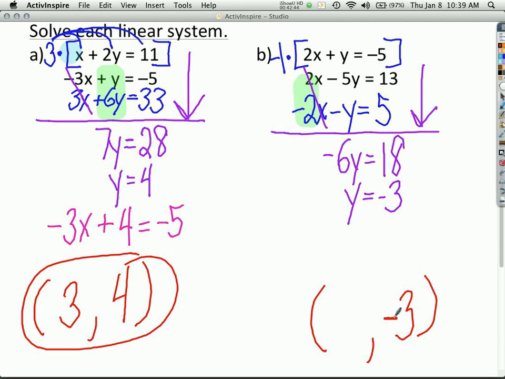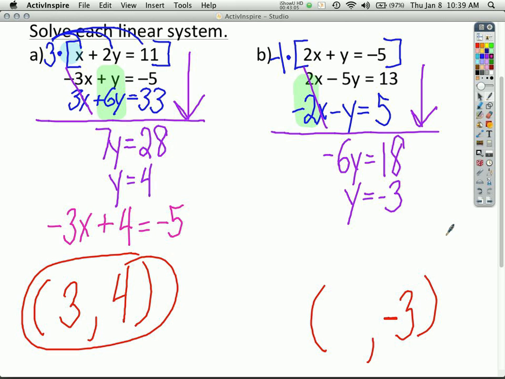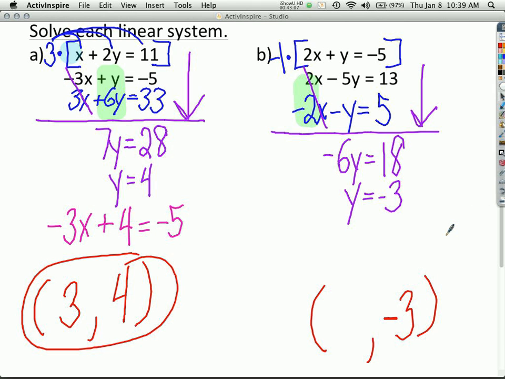Now we need to, what was it that you said, Christian? Plug it in. You can plug it in anywhere. You can plug it into this one, or this one, or this one, because no matter what, you're going to get the same answer. Which one do you think will be the easiest, the most efficient, to plug it into? Keanis?